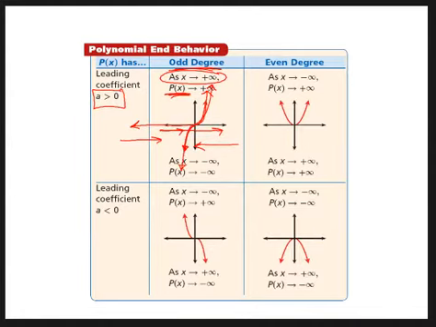So as x approaches negative infinity, the function itself also approaches negative infinity. Basically, as the x values of my graph start to approach infinity or negative infinity, where do the y values of my graph go? Do they go up towards positive infinity, or do they go down towards negative infinity?